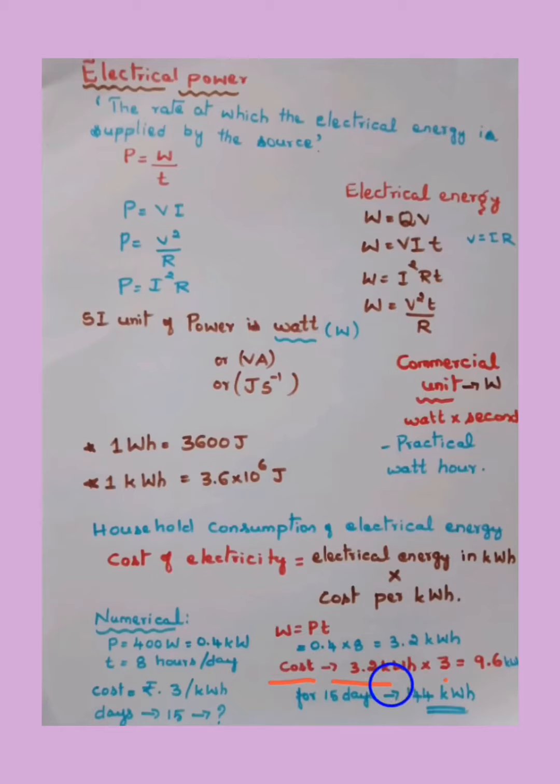So for 3.2 kilowatt hour, when you multiply with 3, we will get 9.6 rupees per day. For 15 days, multiply this 9.6 with 15, you will get 144. Is that clear?